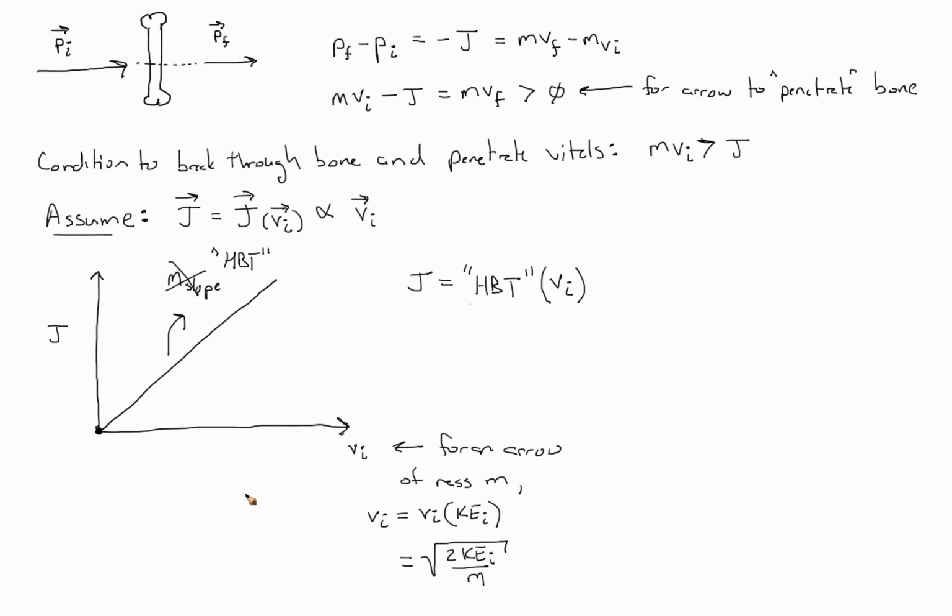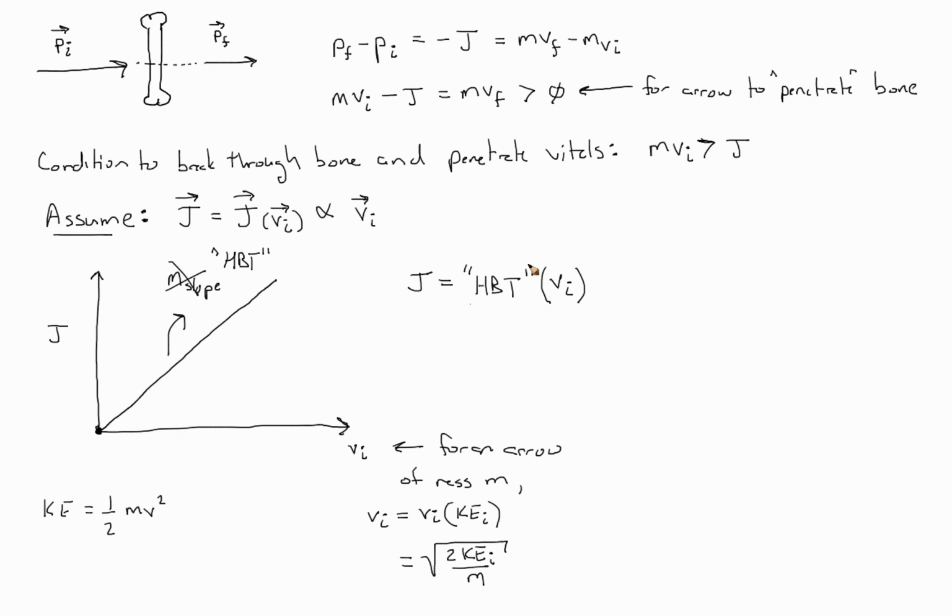Your bow produces a certain amount of kinetic energy, and that tells you how fast you're going. In fact, the equation for the impact velocity is the square root of twice the kinetic energy of impact divided by the mass. This just comes from rearranging the expression that kinetic energy is equal to 1/2 the mass times the velocity squared. We just moved the mass down here and the 2 up there and then took the square root. So that's all this is.